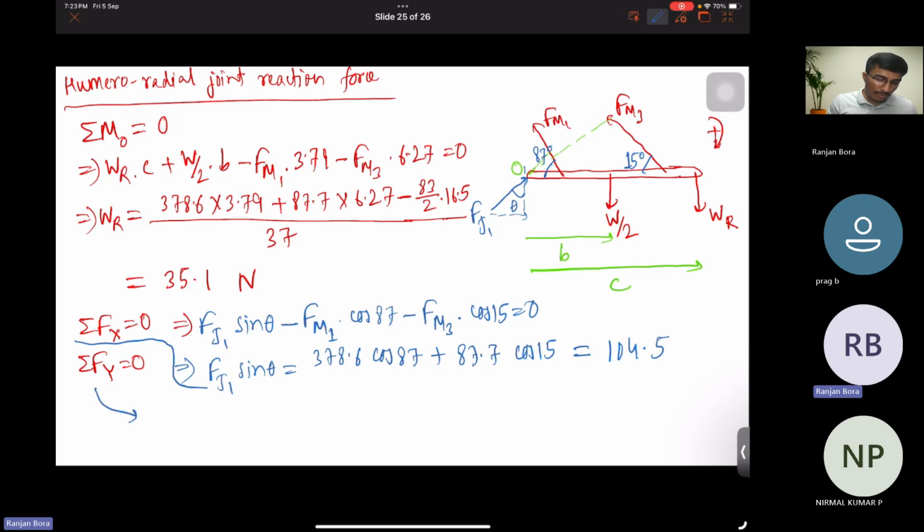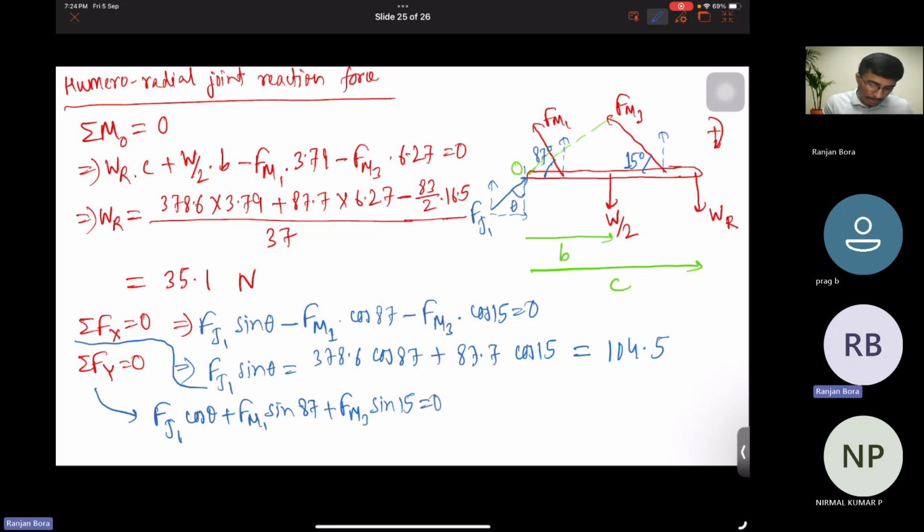Now if we do summation Fy is 0, what will we get? This y direction component is FJ1 cos theta. Then it will be plus, because this will also be in the vertically upward direction, so the positive y direction, plus FM1 sin 87 plus FM3 sin 15 is 0.